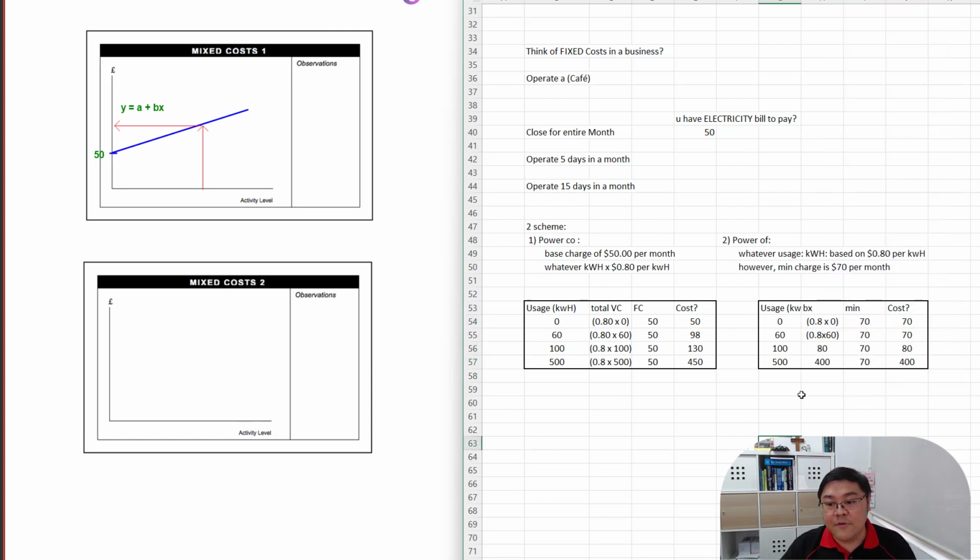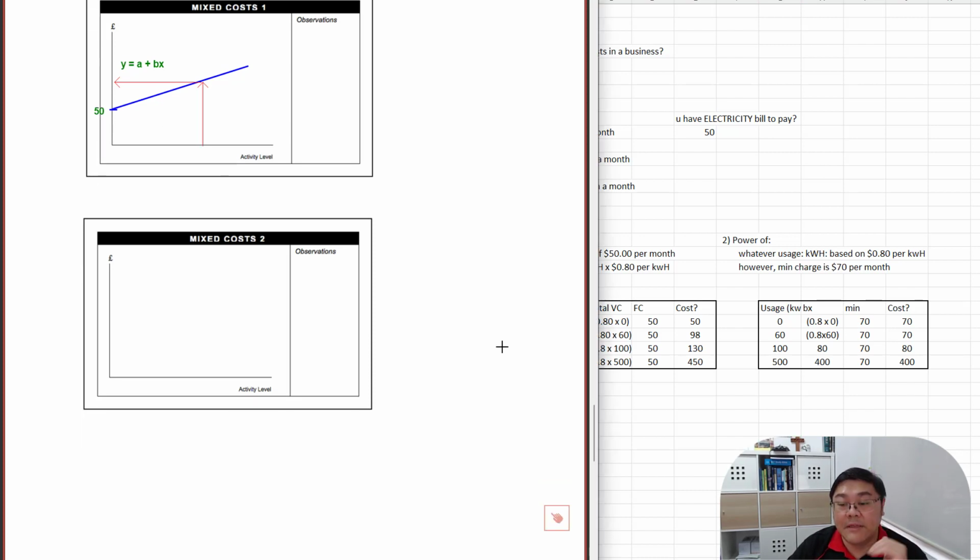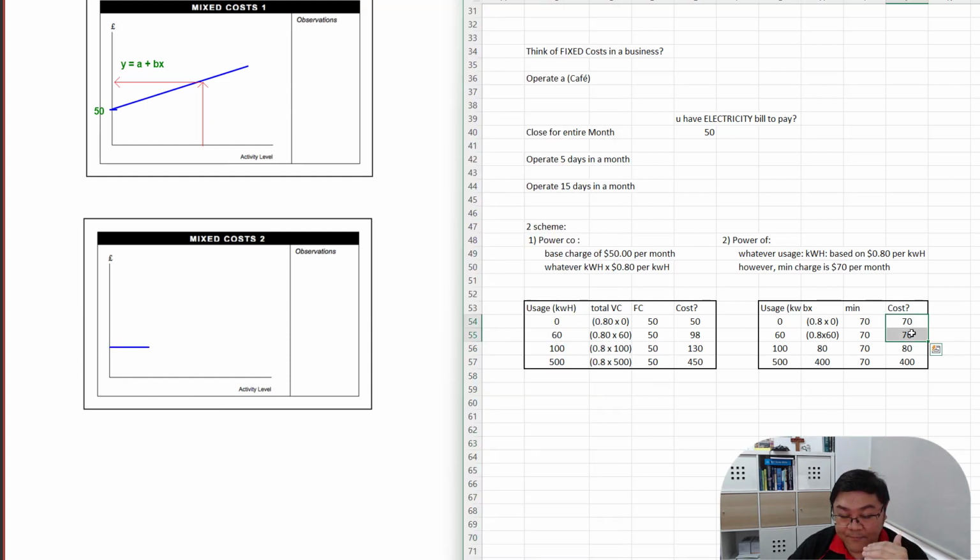Now if you would use this, imagine how the graph would look. I guess we can put it in this manner. Your cost is actually a minimum of 70. When you have no units, you still have to pay 70.